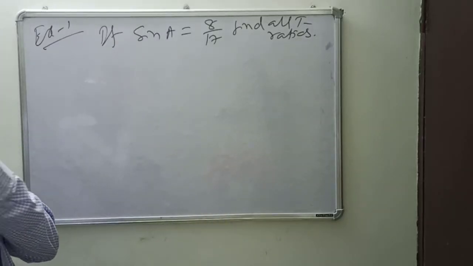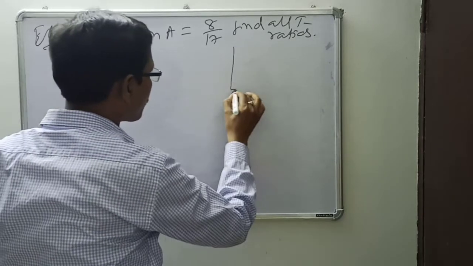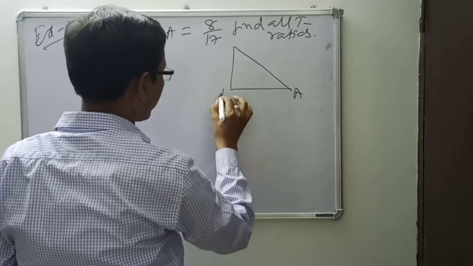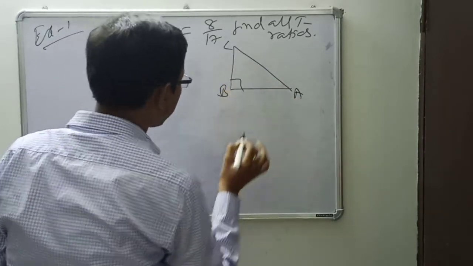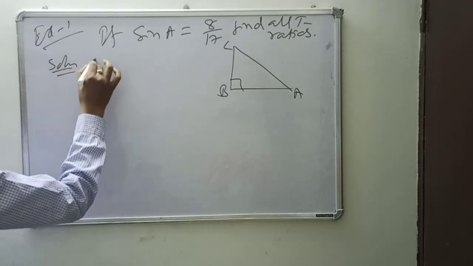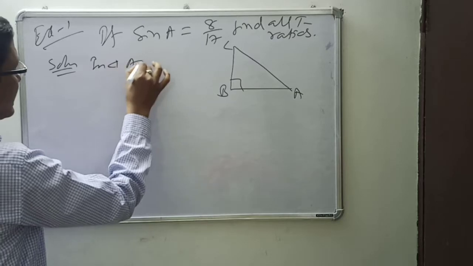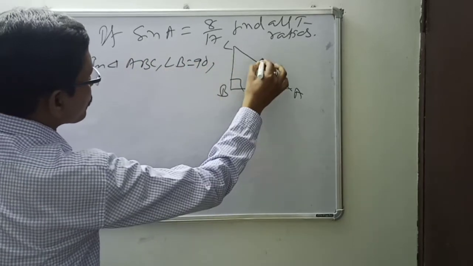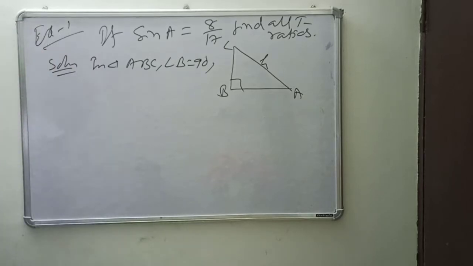So with respect to angle A, suppose you have taken a triangle ABC in which angle B is equal to 90 degrees. So this becomes the fixed hypotenuse.